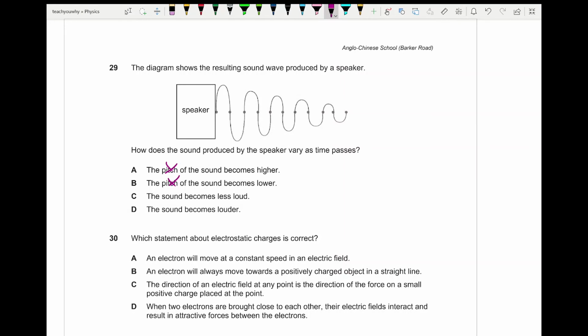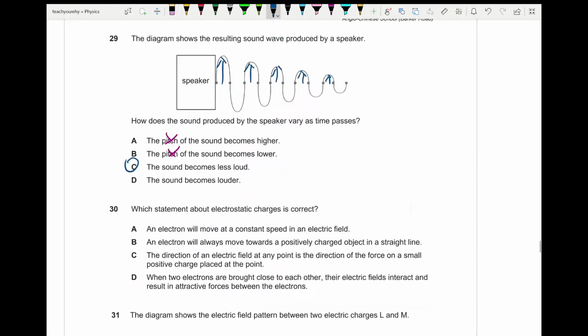We can only say that the answer is it becomes less loud. Why? Because you see the amplitude is getting smaller. The amplitude of the sound represents the loudness of the sound. So amplitude reduced means the sound has become less loud.